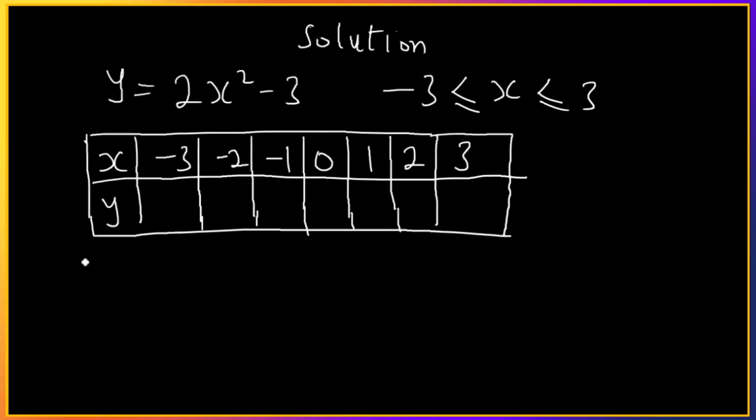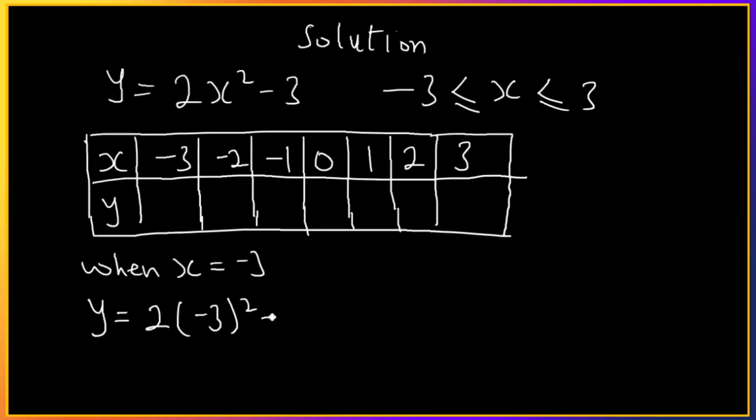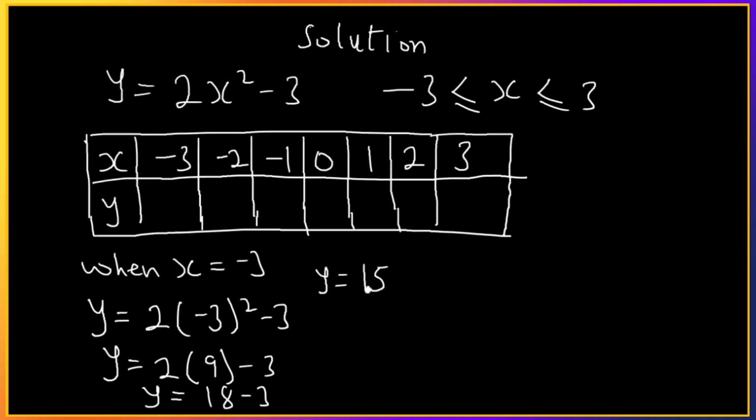Now let's see when x equals negative 3, y would be equal to negative 3 squared, that would be 9 minus 3. So y equals 15. Now 15 is written nicely over here.